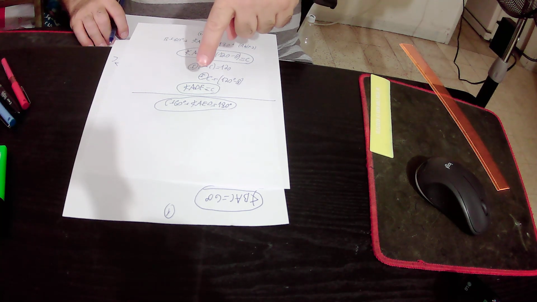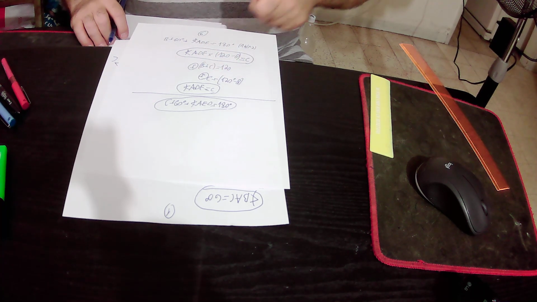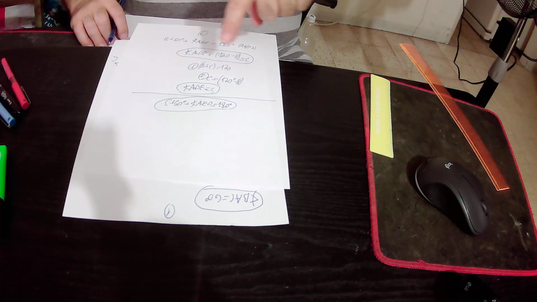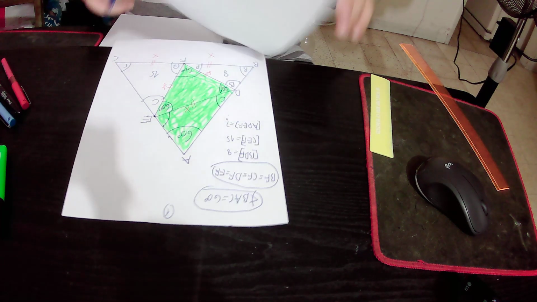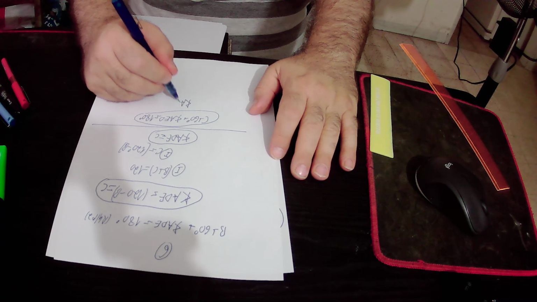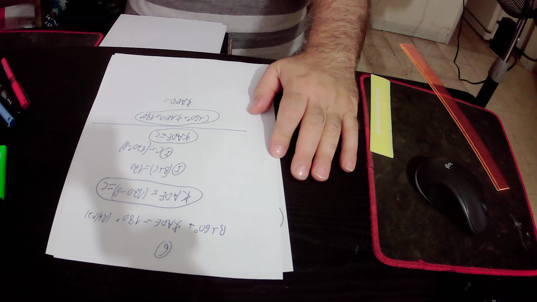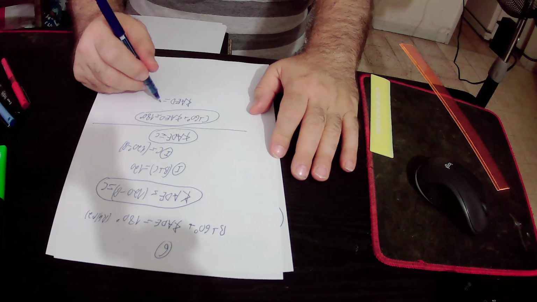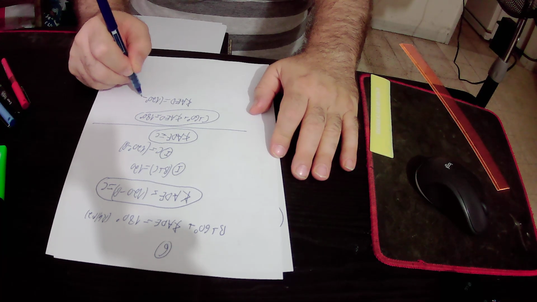Here we will subtract C and 60 degrees from this equality, and we will get that angle AED equals 180 degrees minus 60 degrees, which is 120 degrees, minus C.